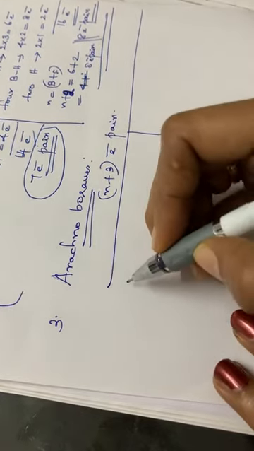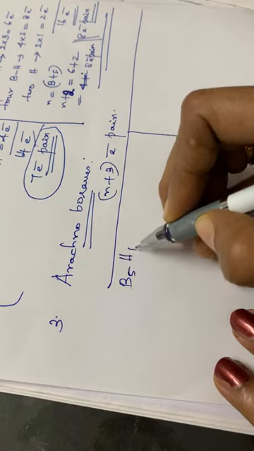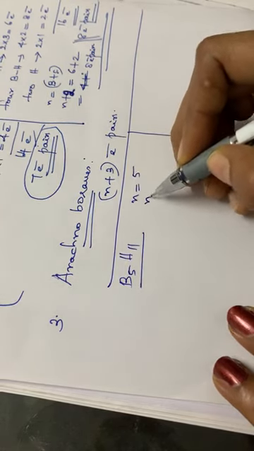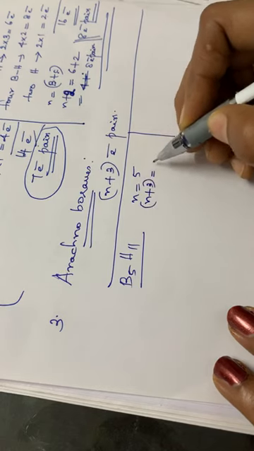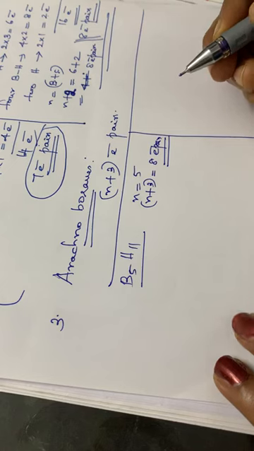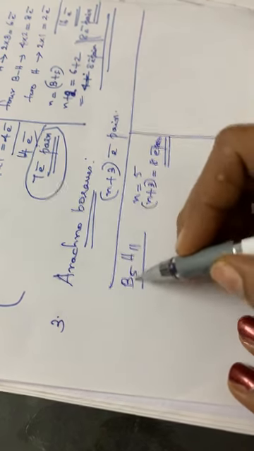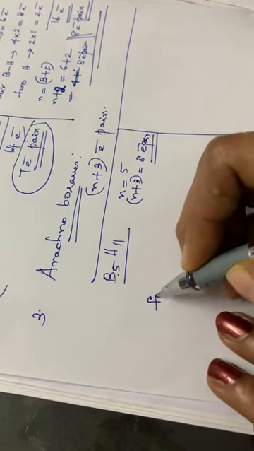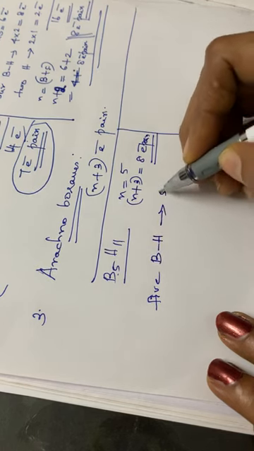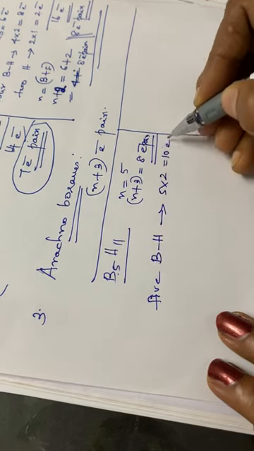The first example is B5H11. Here n is equal to 5. So n plus 3 is 5 plus 3, that is 8 electron pairs. Then how many BH units are there? 5 BH units, which means 5 into 2, that is 10 electrons.